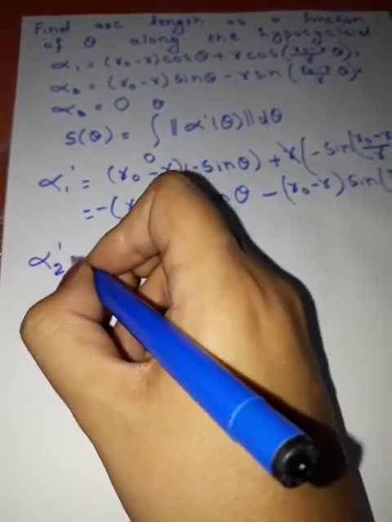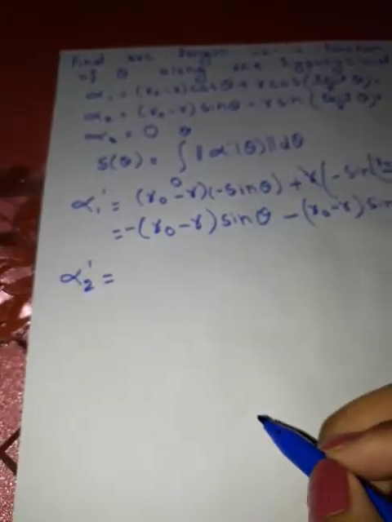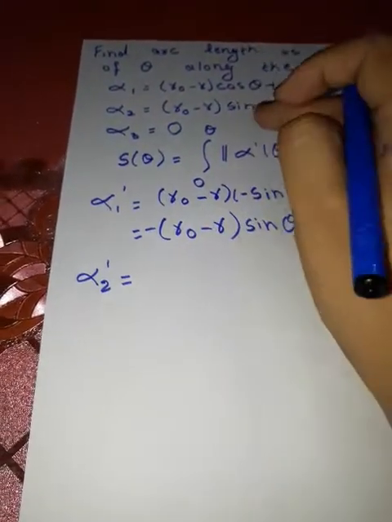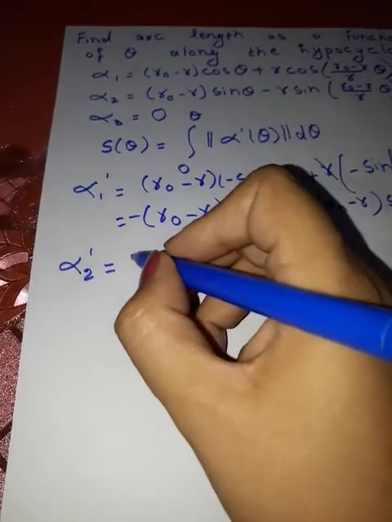Now let us find the derivative of alpha 2. Derivative of sin theta is cos theta.